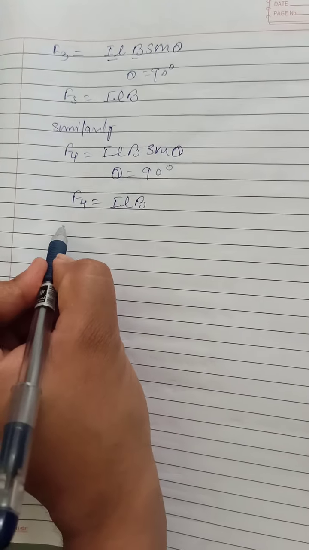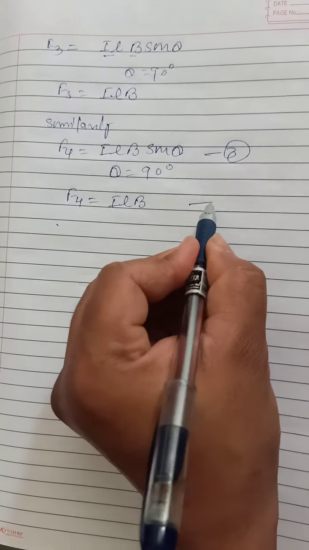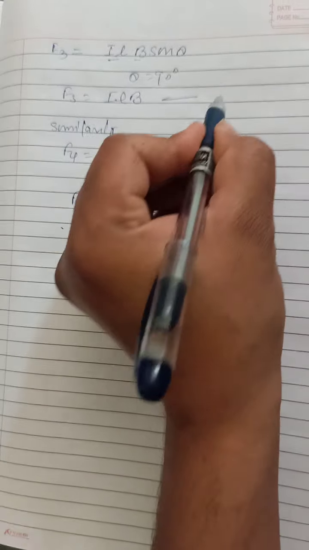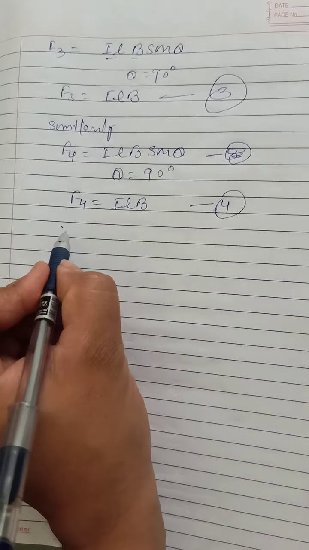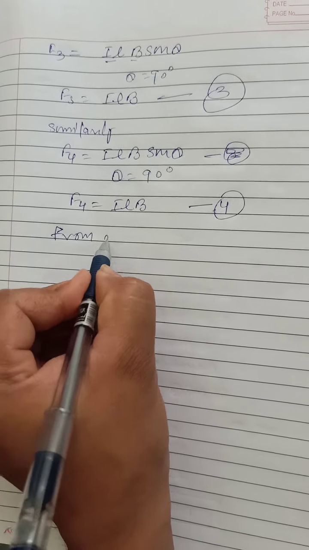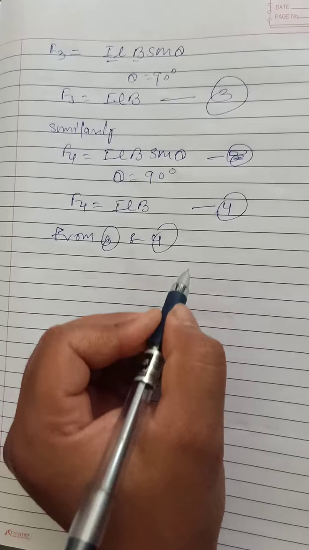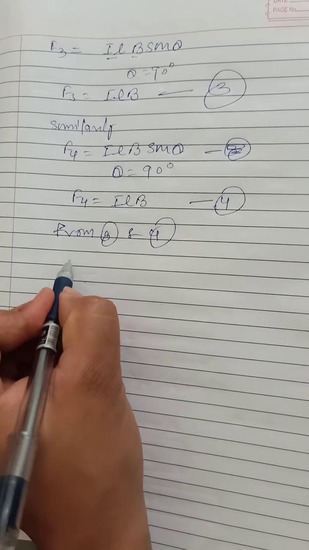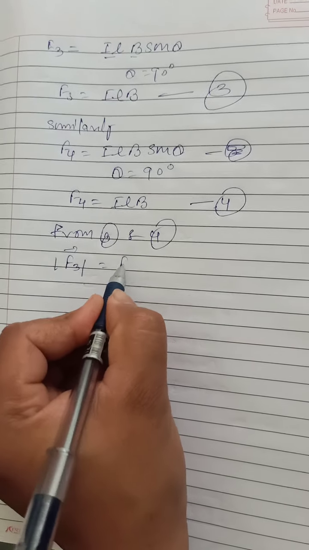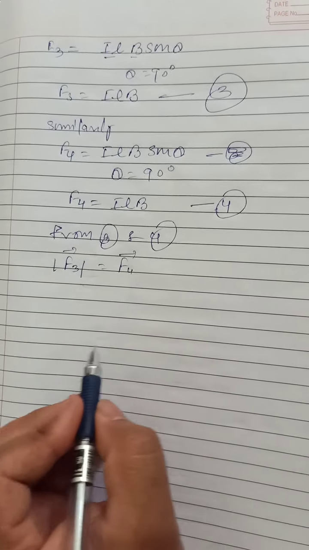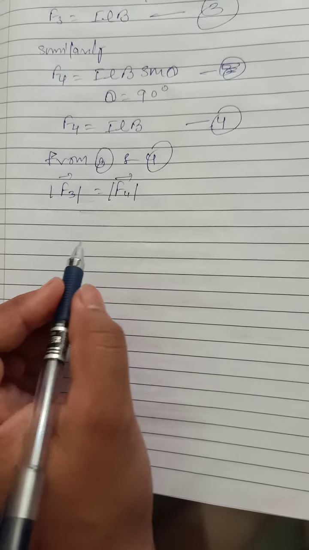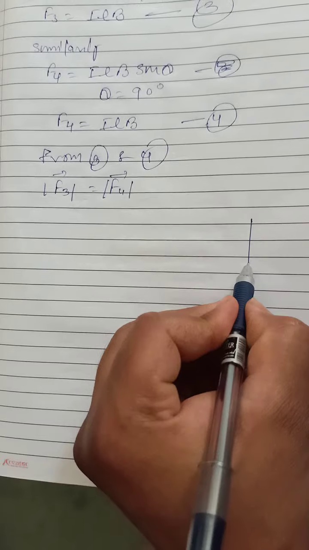Now from these equations, it is very clear that from 3 and 4 both forces are equal and opposite, but here the difference is they are acting along different lines of action. Here we can represent like this.